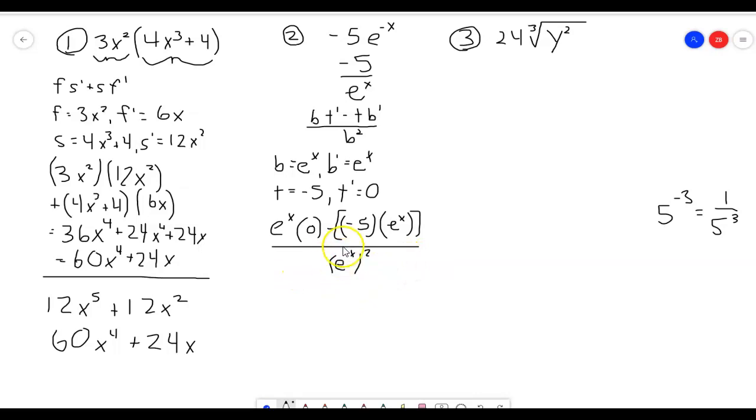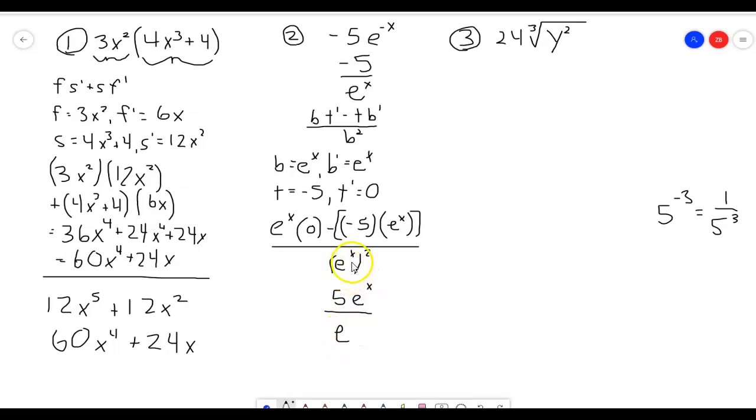All right, so let's see what we get here. The negatives will cancel out, so this will be a positive 5e to the x all over, and I'll just leave it like this right now.